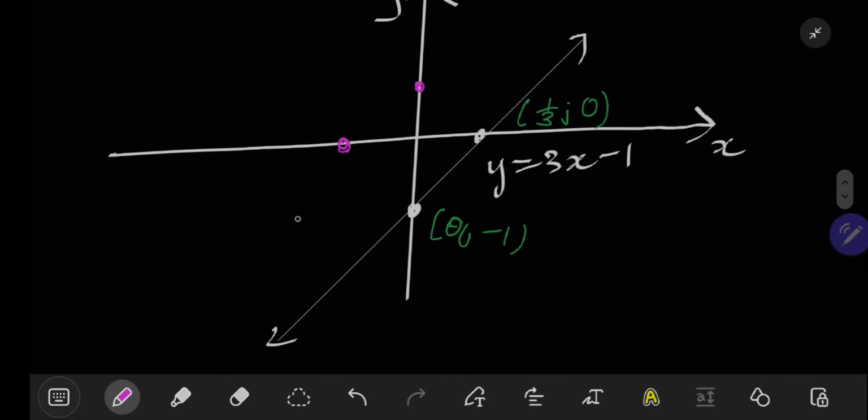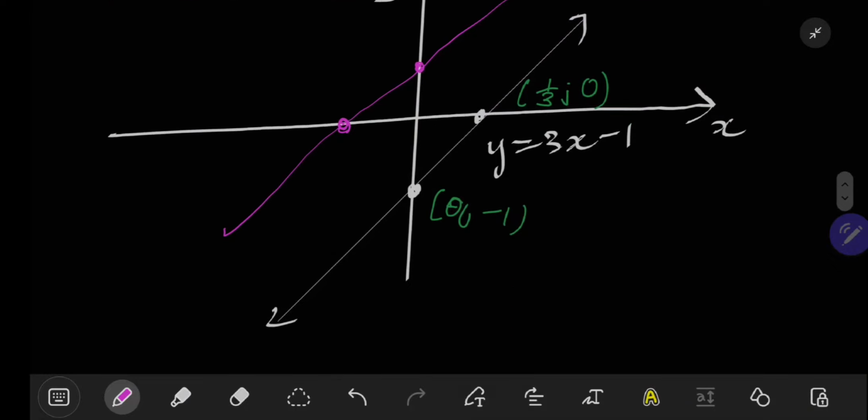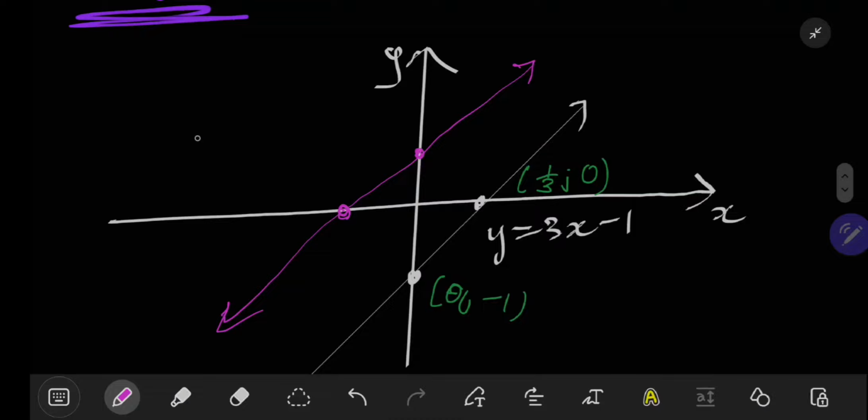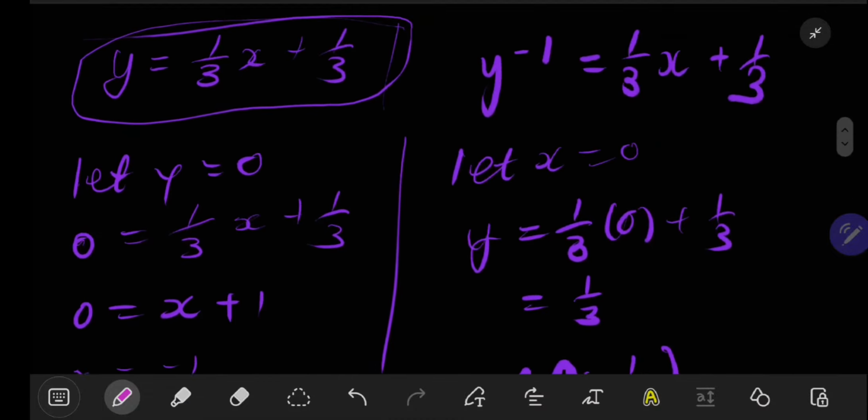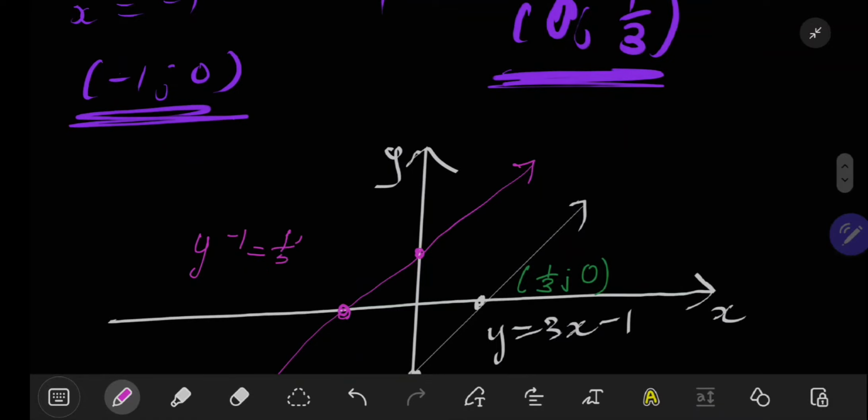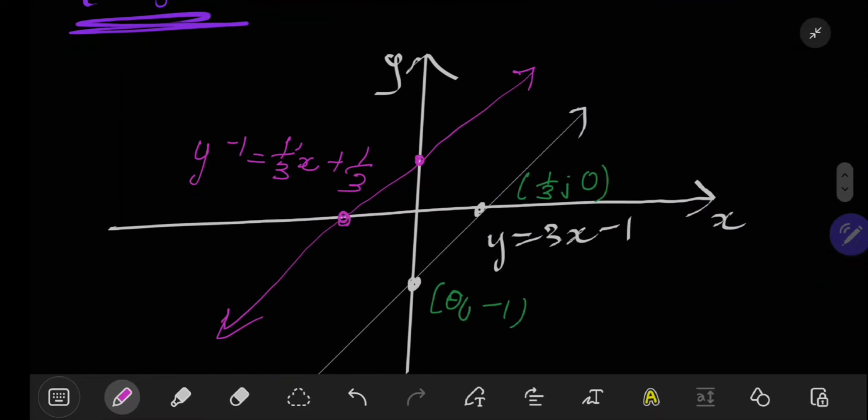So when we try to sketch that one, we're going to have a graph like this. So this is the inverse graph, y to the power negative 1 is equal to our inverse, 1 over 3x plus 1 over 3. So you can see that we reflected our graph about the line y is equal to x.